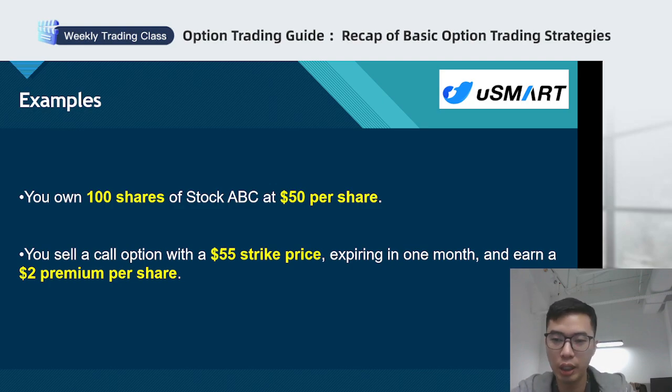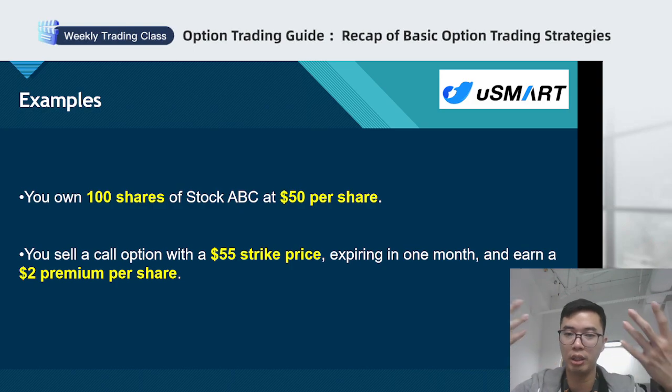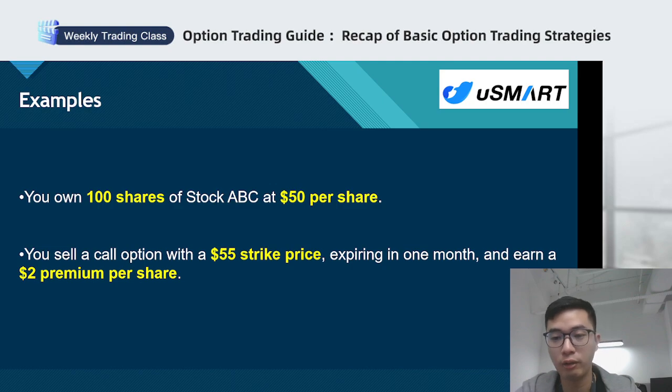If it doesn't hit, you keep the $2 premium, and then you sell the call at 55 again until it hits the TP. If it hits the 55 strike price, you are obligated to sell to the call buyer. So you just take your stocks and sell at 55. Then you earn the $5 capital gains, from 50 to 55, and the $2 premium per share.